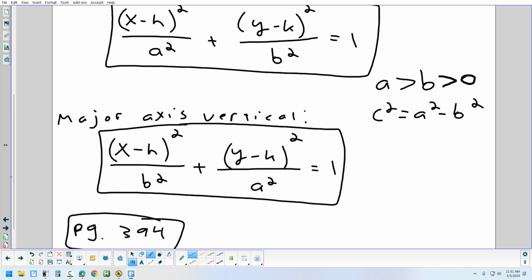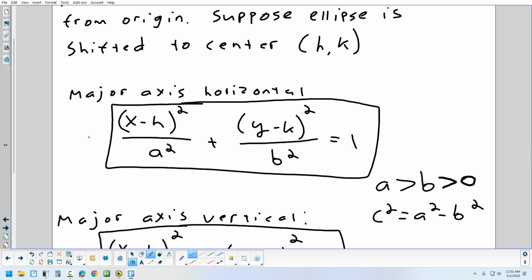As long as you know what the A, B, and C are, and you know the center, you just have to count how many units away from the center you need to be for your vertex and your focus. Up and down if it's vertical, left and right if it's horizontal.